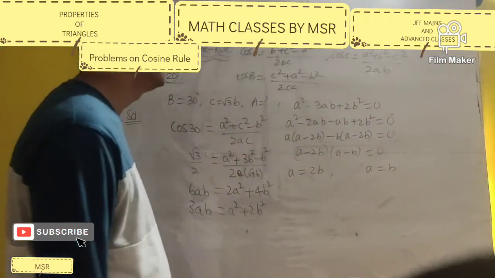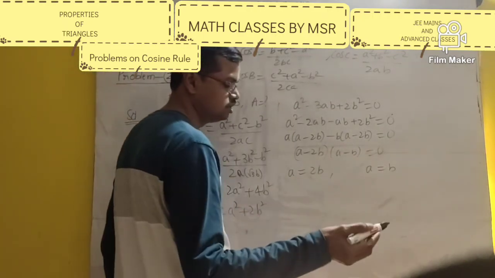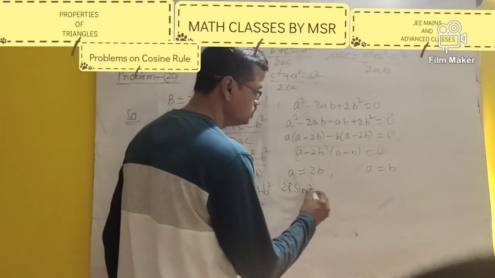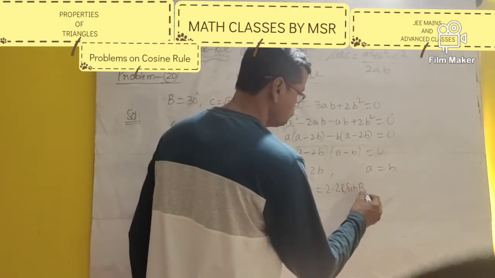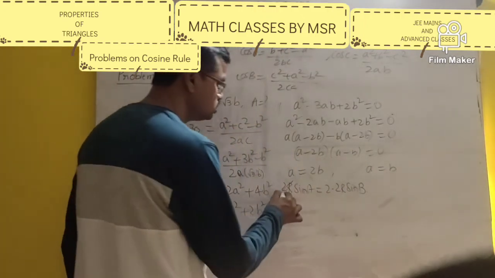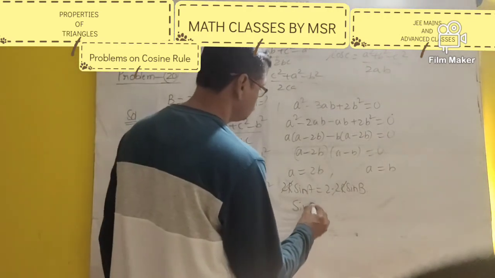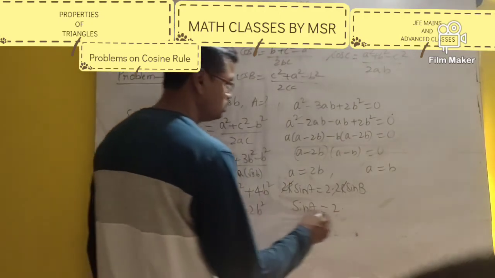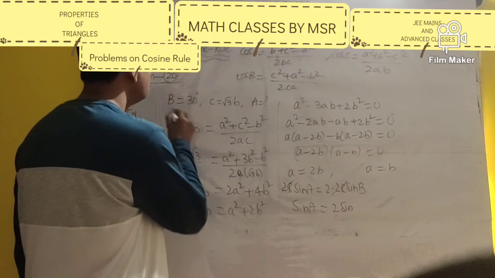Now we have to calculate. Here, we know the sine rule, right? A is 2R sine A, which is equal to 2 into 2R sine B. Okay, 2R on both sides cancel. Sine A is equal to 2 into sine B. B is how much? 30 degrees.